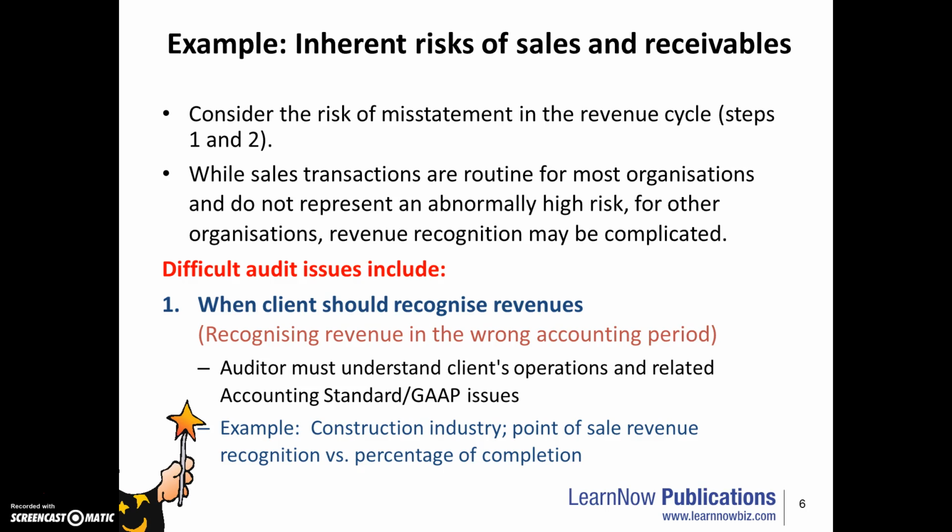So when should the client actually recognise the revenue? The auditor must understand the client's operations and the related accounting standards. An example of this is in the construction industry, where the auditor must look at the point of sales revenue recognition versus the percentage of completion.